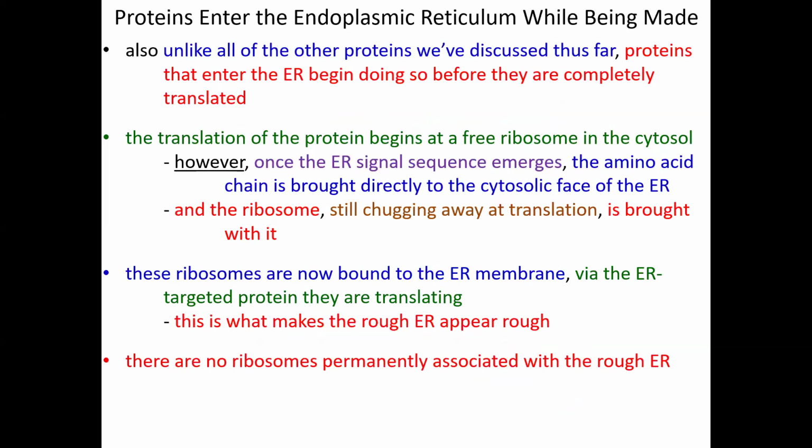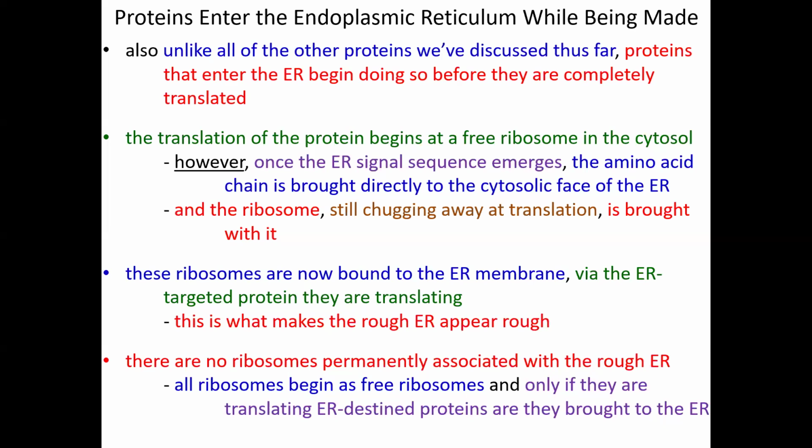There are no ribosomes that are permanently stuck to the ER membrane. There are no ribosomes that are permanently associated with the ER surface. All of the ribosomes, all ribosomes in general, begin as free ribosomes in the cytoplasm. If that ribosome happens to make a protein with an ER signaling sequence, only then will it be recruited to the surface of the ER, tethered to the ER by the protein it's making, and make that ER look rough.